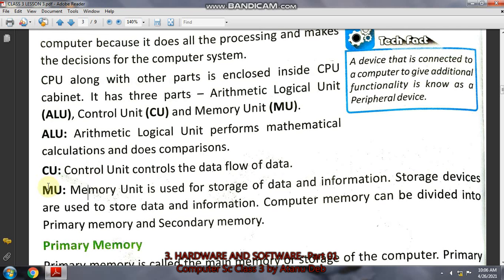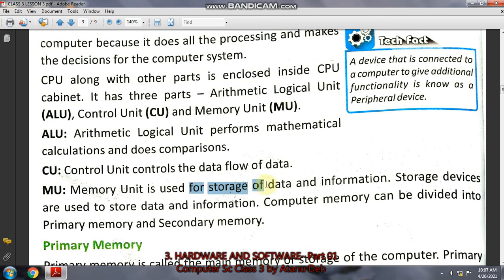Next comes the memory unit. What is memory unit? I think you are well aware of what memory is. Memory means your storage capacity. Like your brain, you have a certain memory. Some persons remember more, some persons remember less. Similarly, a computer also has a memory.